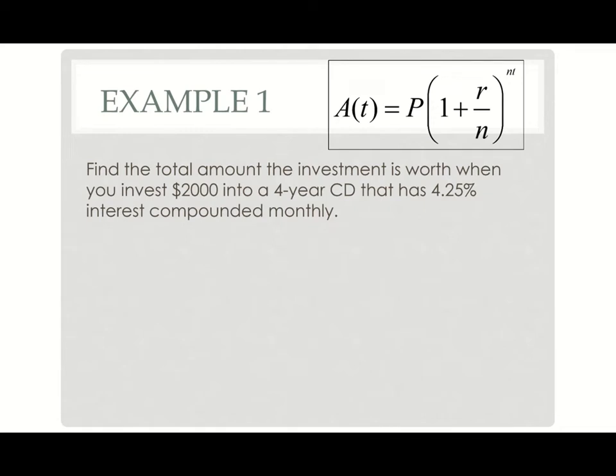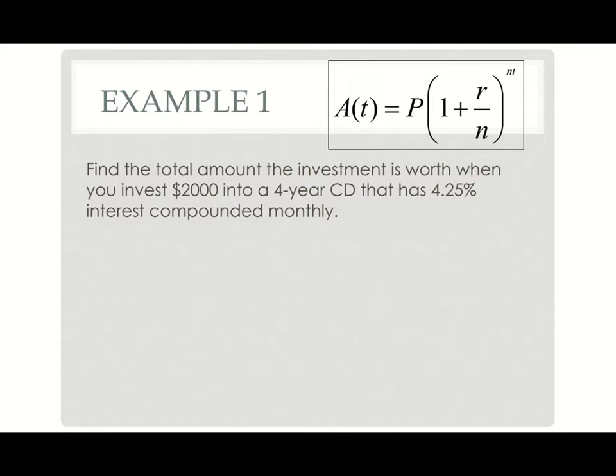So our first example, it says find the total amount the investment is worth when you invest $2,000 into a 4-year CD that has 4.25% interest compounded monthly. So we have to find each of these values to plug into our compound interest equation.